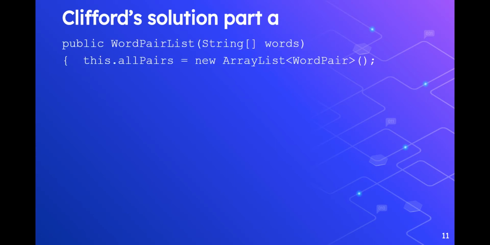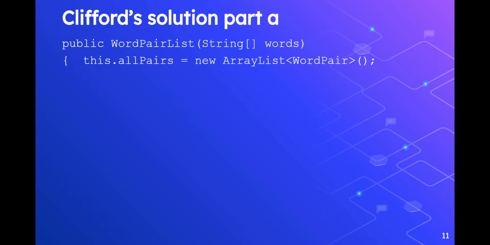So the first thing we're doing is the constructor for the WordPairList object that's passed an array of words. We have the private ArrayList of WordPairs that's called allPairs. So that's been declared, but hasn't been initialized.